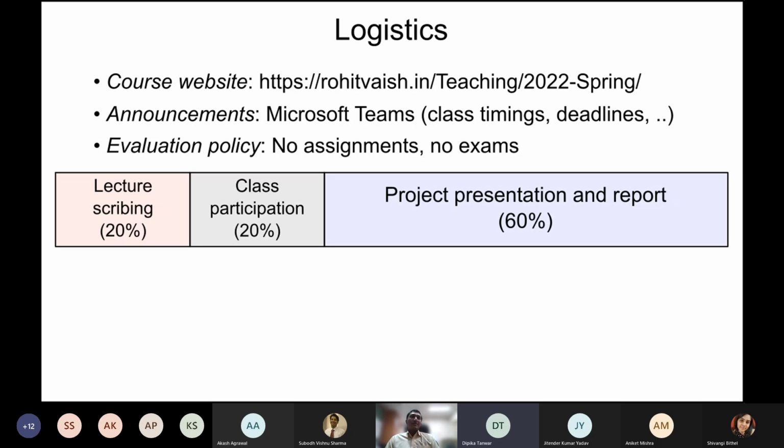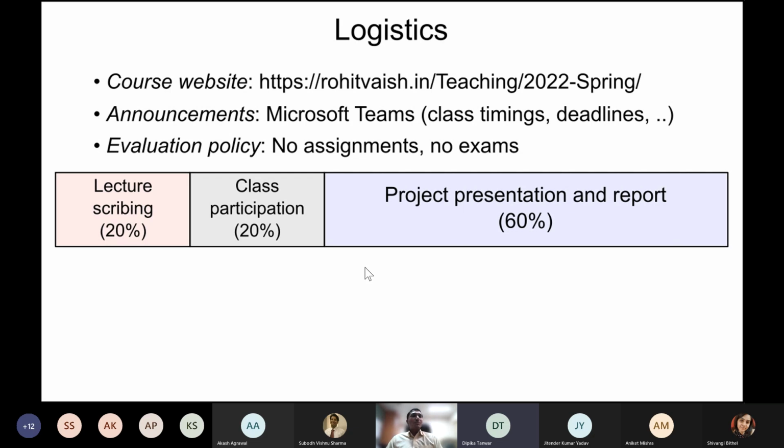And the most anticipated bullet, which is the evaluation policy. This is going to be a research level course. I try to not include any assignments or exams in evaluation, but there's a grade to be given, so I have to use some yardstick to evaluate you.